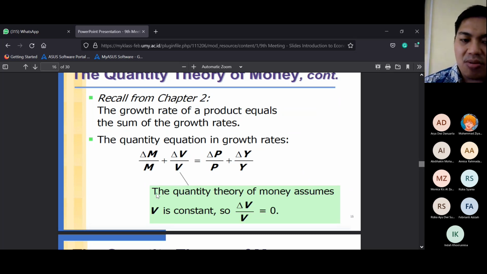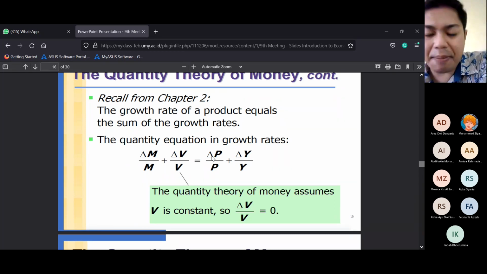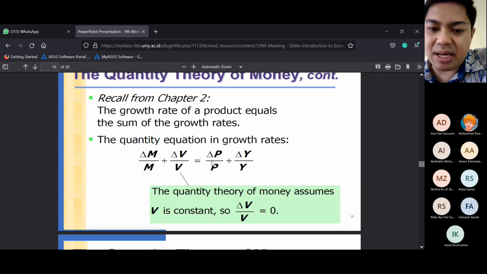So the quantity theory of money assumes V is constant, so here it is 0. In this case, inflation increases because of the increase of money supply relative to economic growth here.